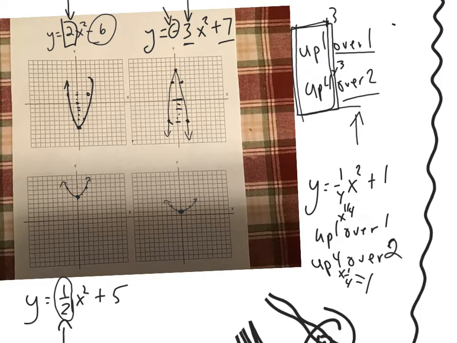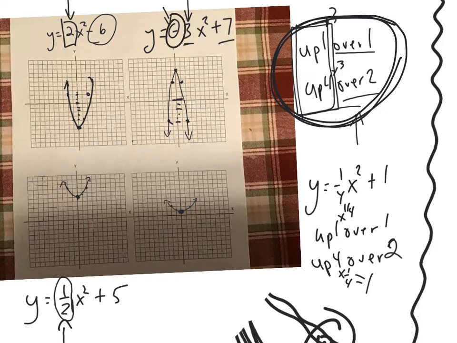So we've got the pattern that we need to memorize, and we've got the negative that makes it go upside down. We know where our vertex is. Okay? And then we use this number to change the vertical portion of our pattern. Remember, these two never change. The over 1 and over 2 are always over 1 and over 2.